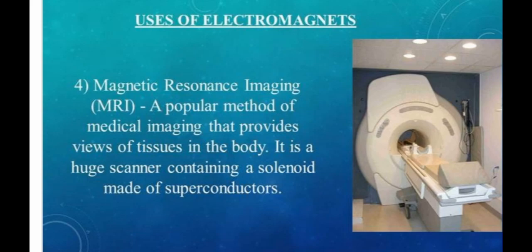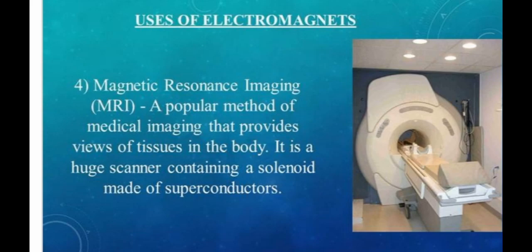The magnetic field inside the body forms the basis of generating functional images of any part of the body at any angle and direction in a relatively short period of time. This is done using a technique called MRI.